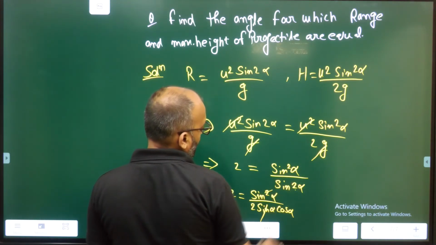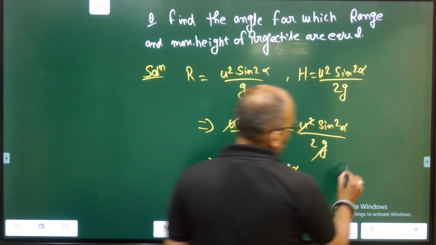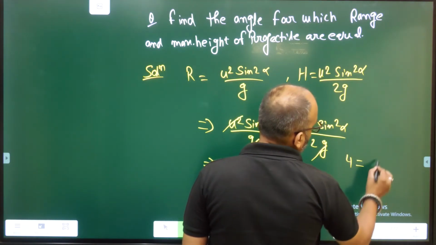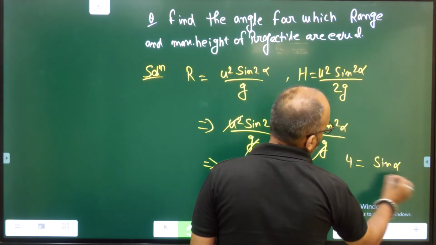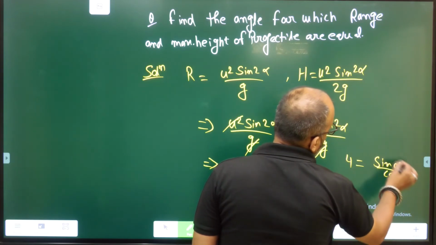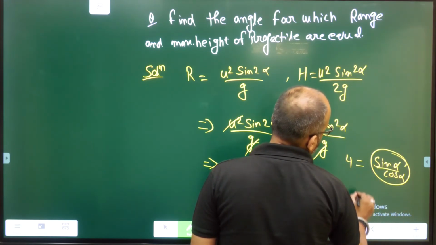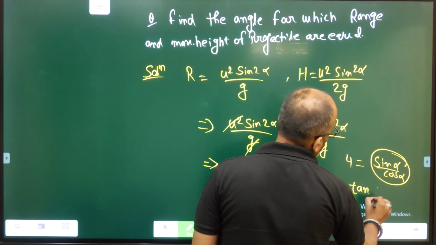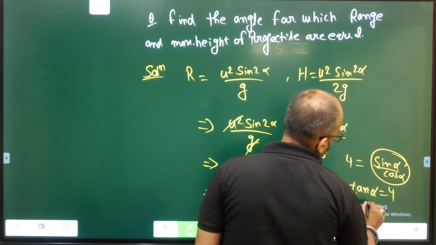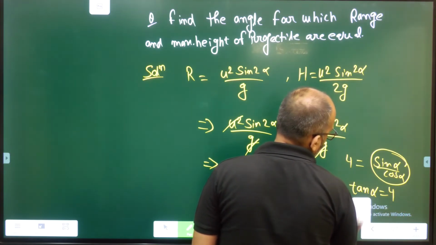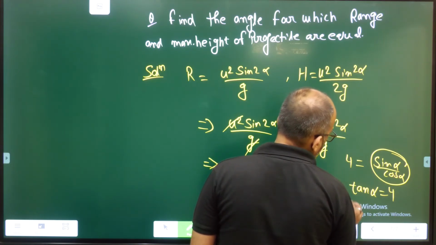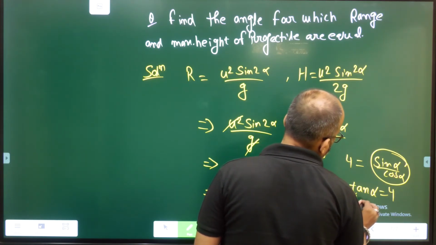Sine alpha and square will cancel out, transferring 2 to the other side, you will get 4 is equal to sine alpha upon cos alpha. Sine alpha upon cos alpha is tan alpha. So tan alpha is equal to 4. So alpha is equal to tan inverse 4.